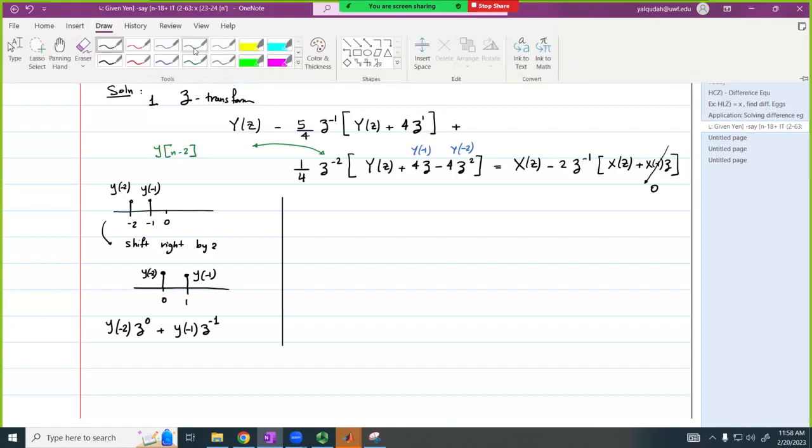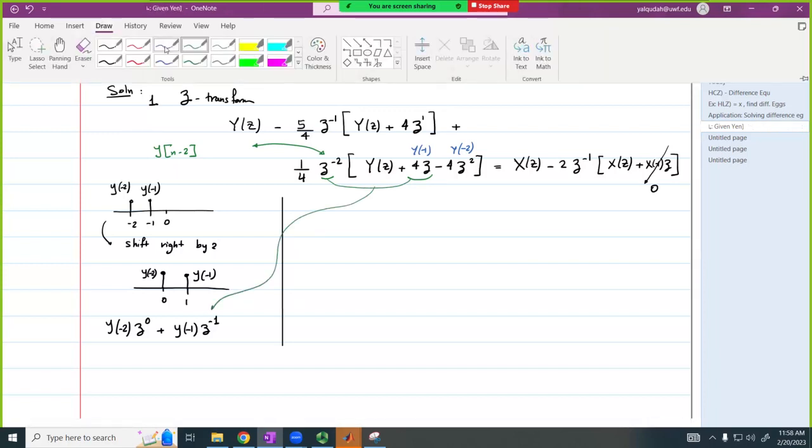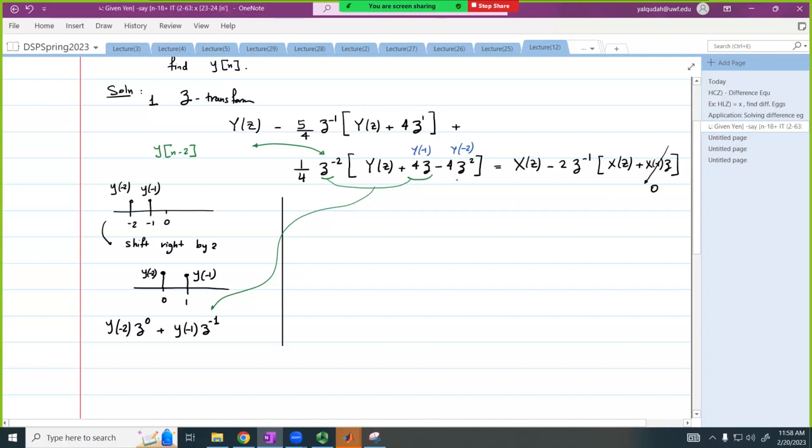So this multiplied by this is nothing other than this, and this multiplied by this is nothing other than this.